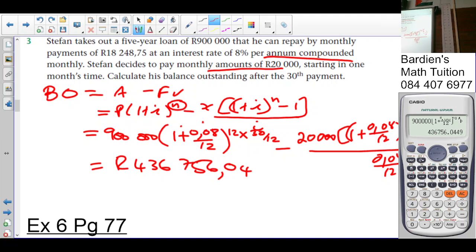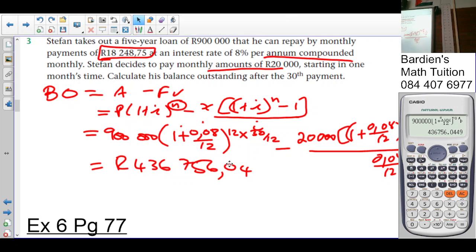Okay. They gave you this value here. That is actually, if he pays 18,248 rand and 75 cents, then that will amortize the loan after 5 years. Not so. But of course, if he pays more, what's going to happen? We will cover that loan over a shorter period of time. Okay?